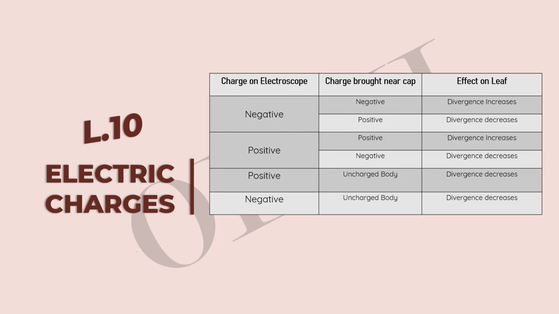So let's move on. Now if we have to detect what type and magnitude of charge a body has, we have to first charge our electroscope. So we have to know what charge it has, whether negative or positive. If we have it charged with a negative charge, and a negative charge is brought to the cap, there is going to be an increase in divergence.